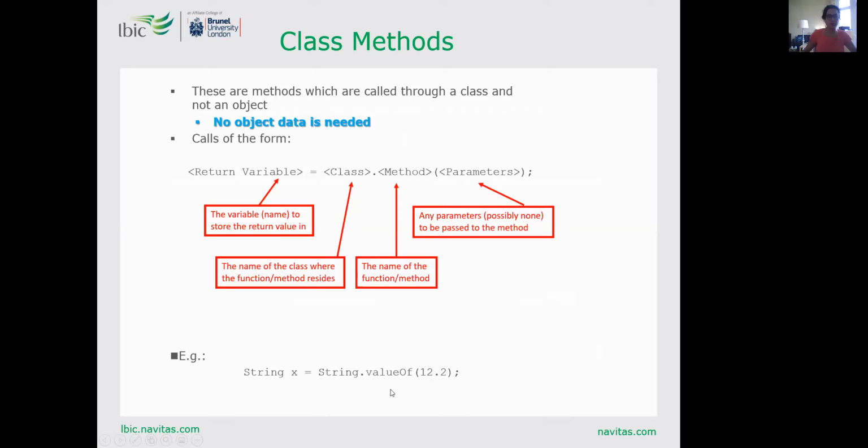Here is an example of that. You declare a variable x as a String, so the type of this variable is String. Then you say String.valueOf with one parameter, which is 12.2. So you ask Java to return x, which is providing the value of 12.2.